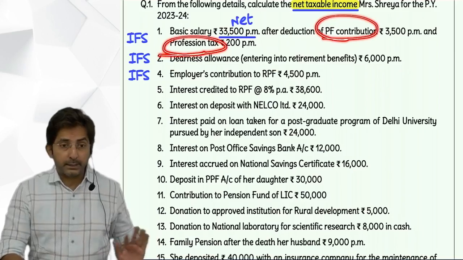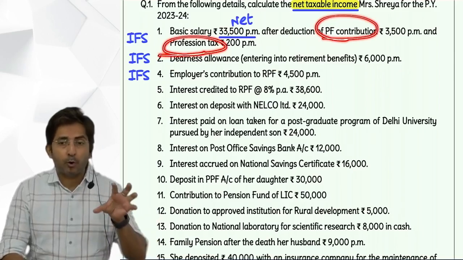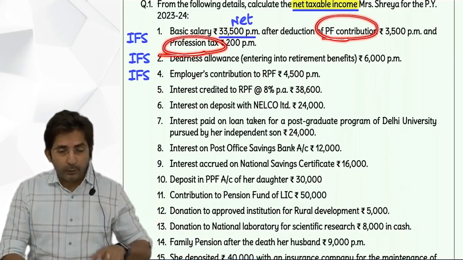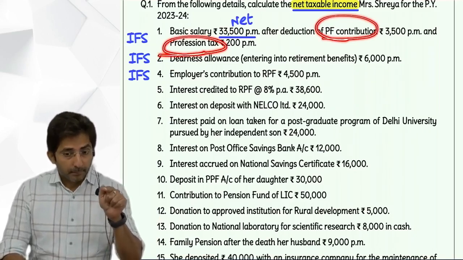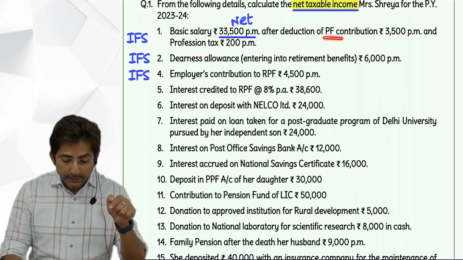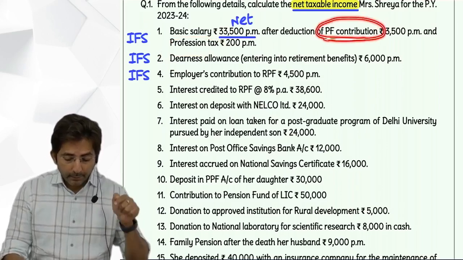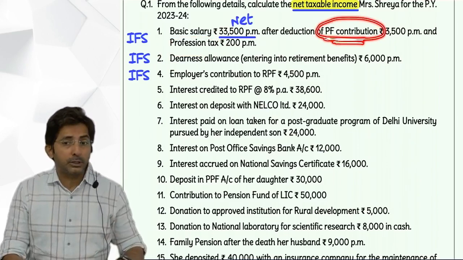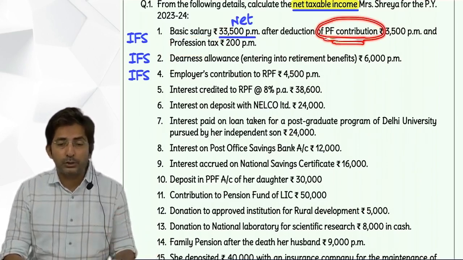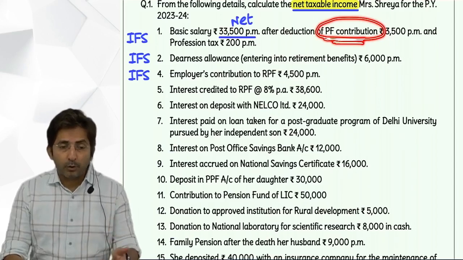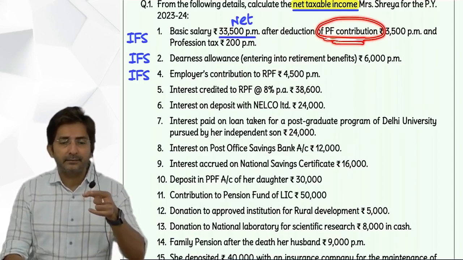So see, profession tax first we will add back to make it gross, and then at the end you will take deduction also under section 16. You know that. But what you have not realized is, what about this thing? Provident fund contribution, which is deducted from salary, is called employee's contribution, and employee's contribution comes in 80C.